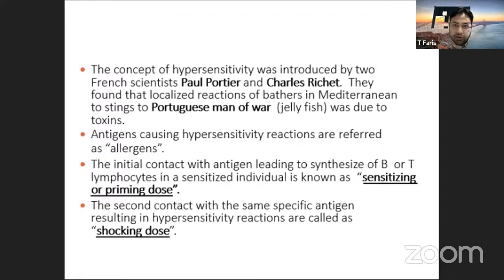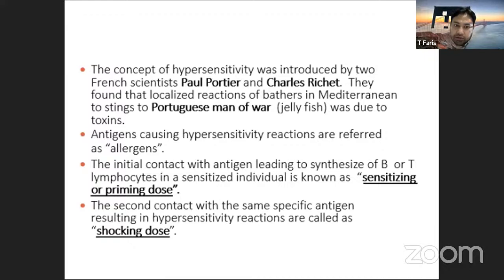This is the first contact, when the antigen is quite new, the first time it enters in the form of pollen, for example, or bacteria or viruses. They are all antigens. So the B and T cells function to recognize these antigens and start to produce proteins and also antibodies to counter this attack.